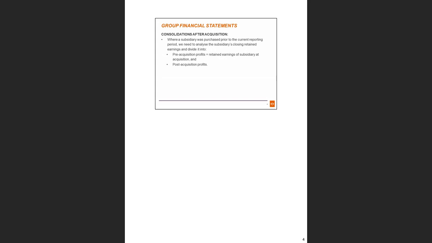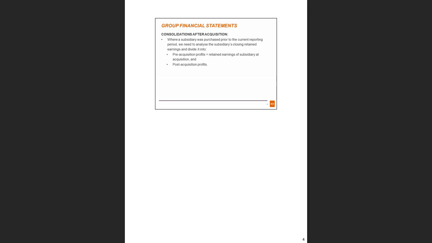So if we have a look at the next slide, where a subsidiary was purchased prior to the current reporting period, we need to analyze the subsidiary's closing retained earnings. So we will have this balance of retained earnings, and we will need to break down the figure and assess what portion of this closing balance is pre-acquisition profits, and what portion is post-acquisition profits.